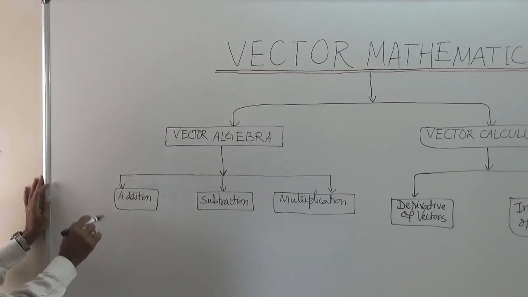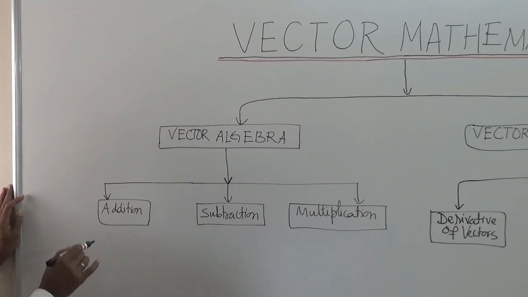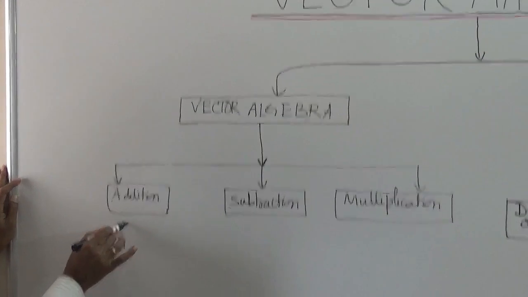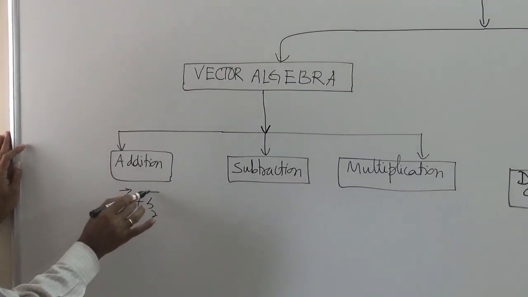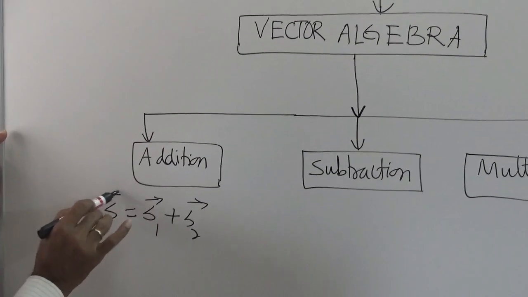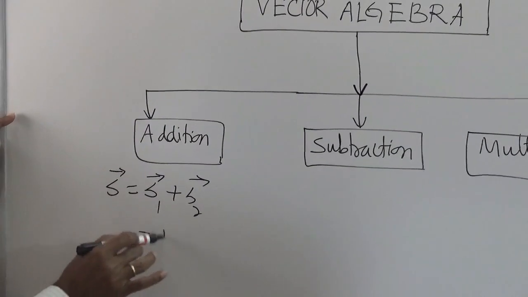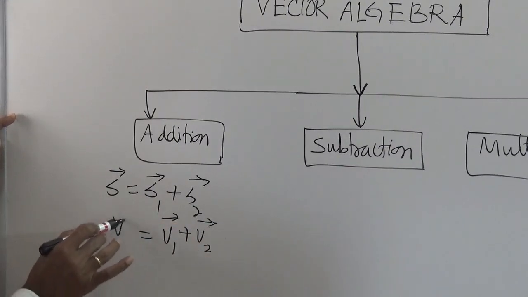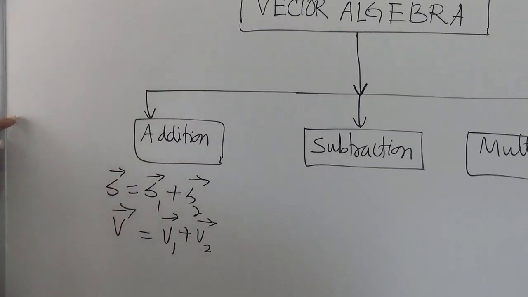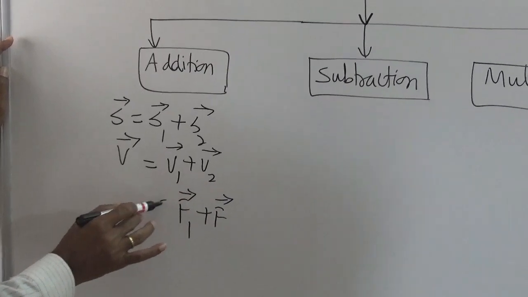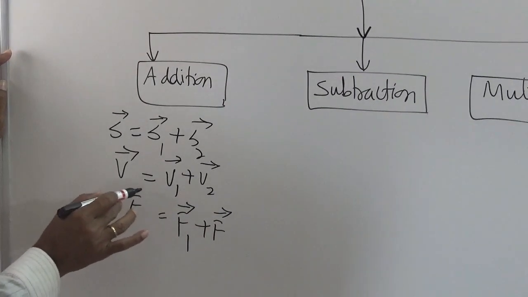In mechanics, kinematics, you will study how displacements can be added to get the net displacement, addition of velocities to get the net velocity, addition of forces to get a net force. Net means resultant.